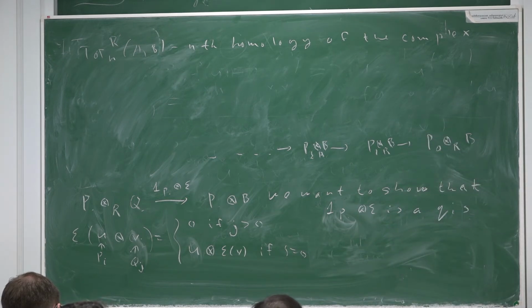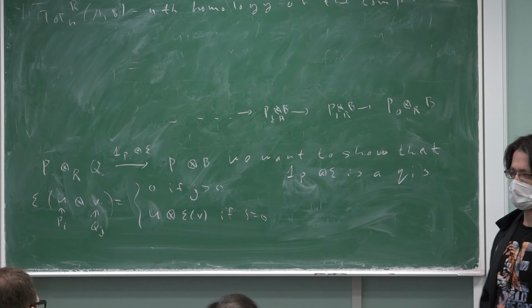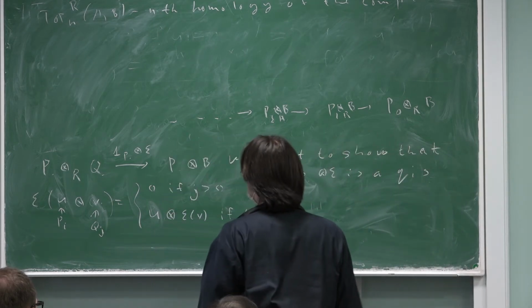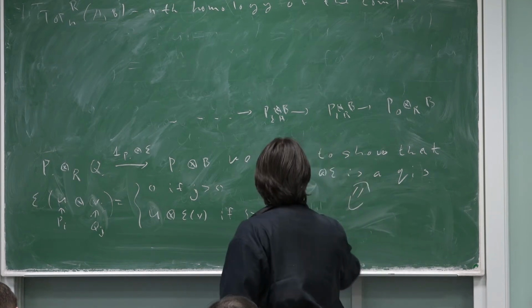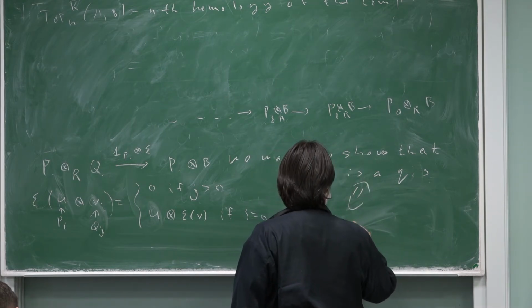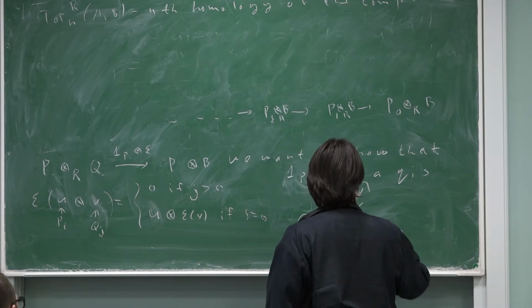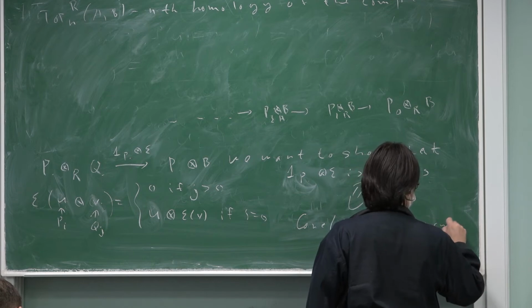And we know that it is a quasi-isomorphism if and only if the cone of this map is acyclic. So we want to show that the cone of 1_P tensor epsilon is acyclic.